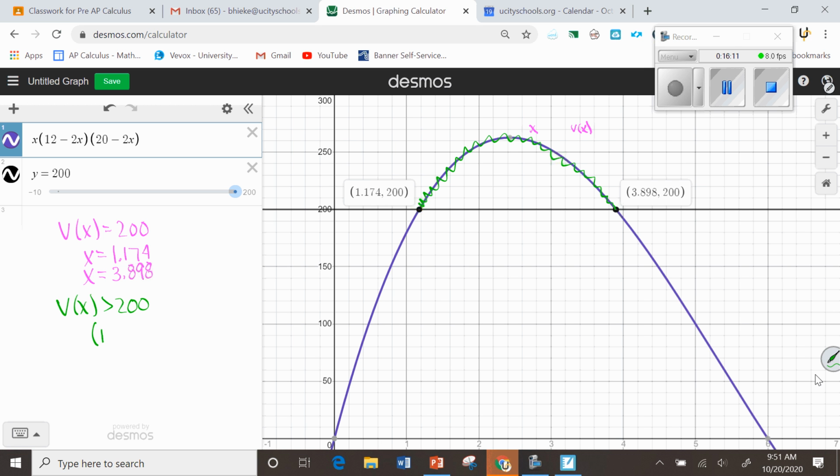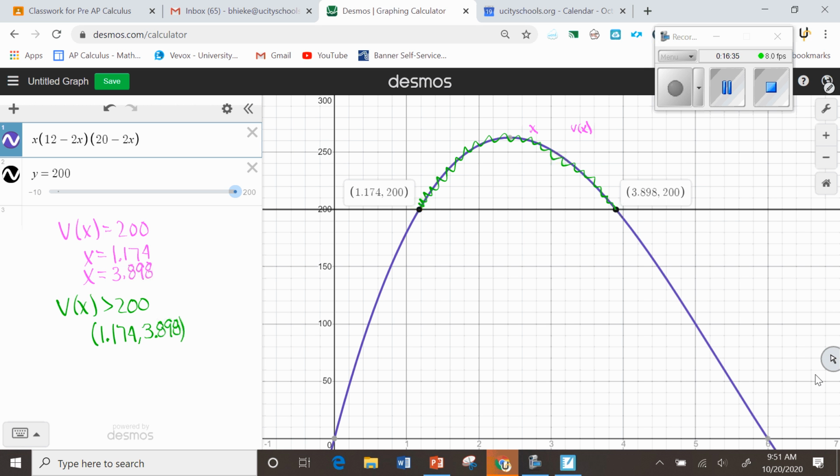So anything between 1.174 and 3.898. So if I said make a box that has a volume of at least 200, as long as you pick something between there, you could do 2, 2.5, 2.25, 3, 3.5. Any of those would be greater than 200.